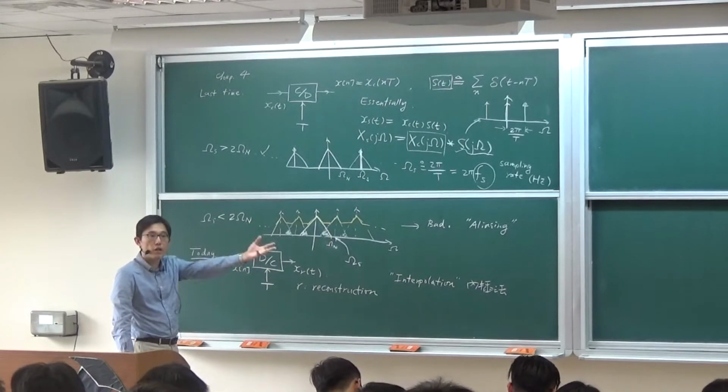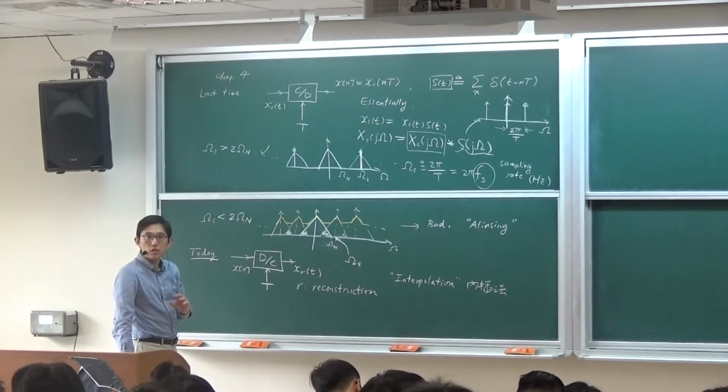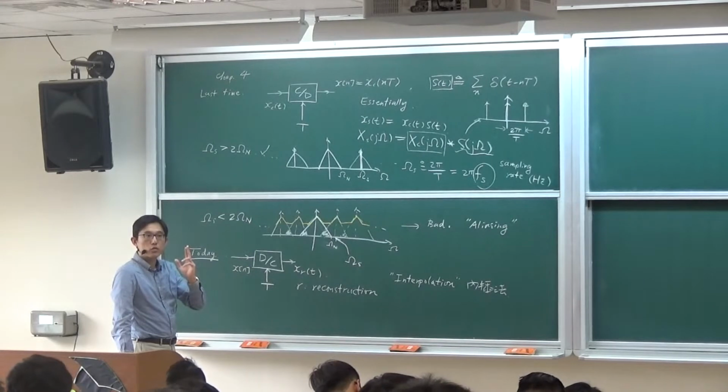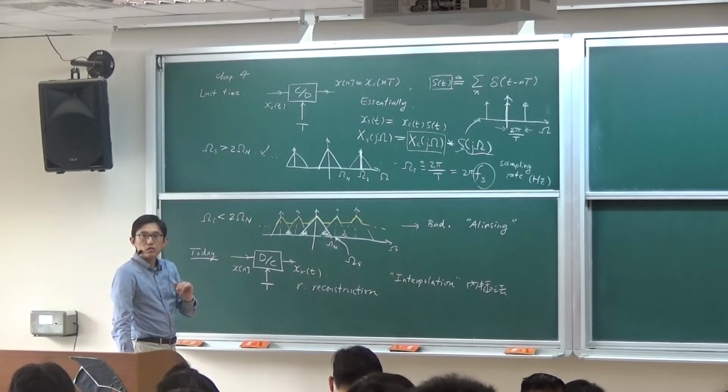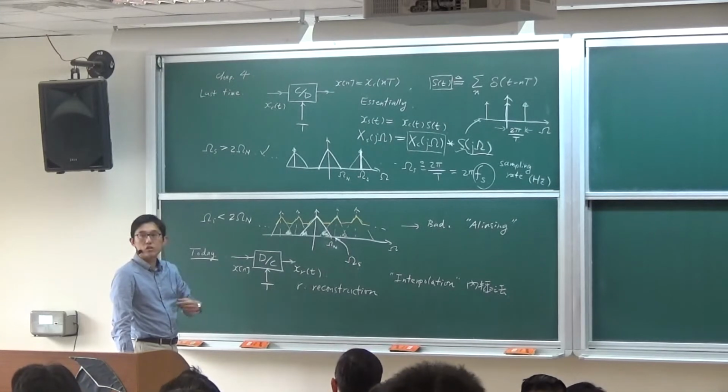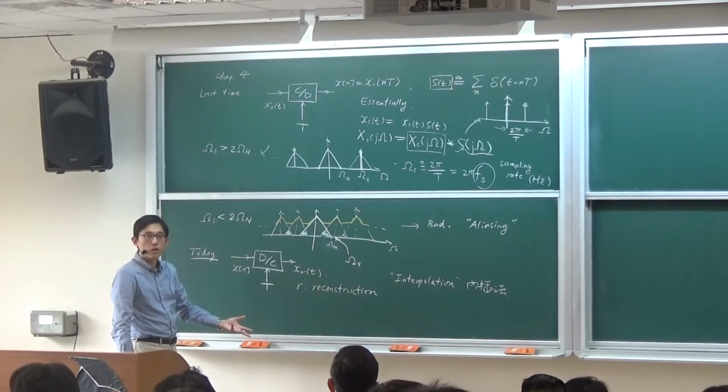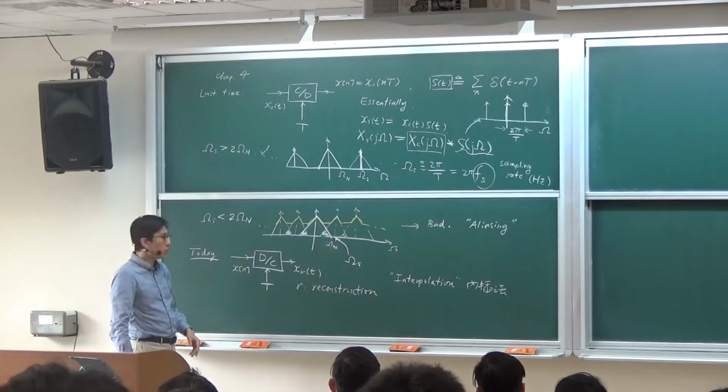Because we are given sample values and we need to figure out what the signal should be like in between samples. Okay, so essentially what we are doing is, by nature, interpolation. Okay, and we will cover this in detail.